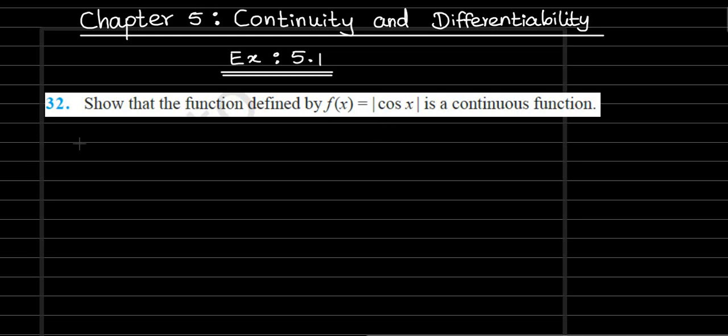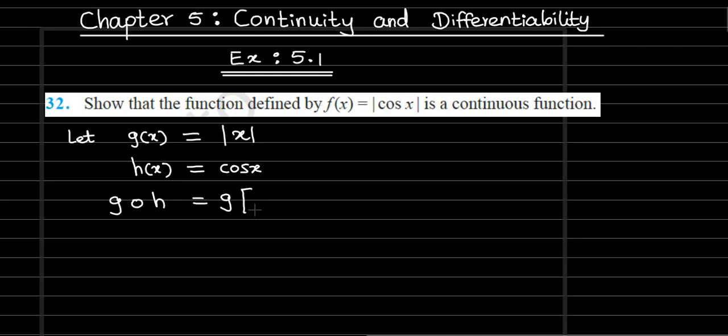Now I'm going to consider g(x) = |x| and h(x) = cos x. So the composition g of h can be rewritten as g(h(x)).